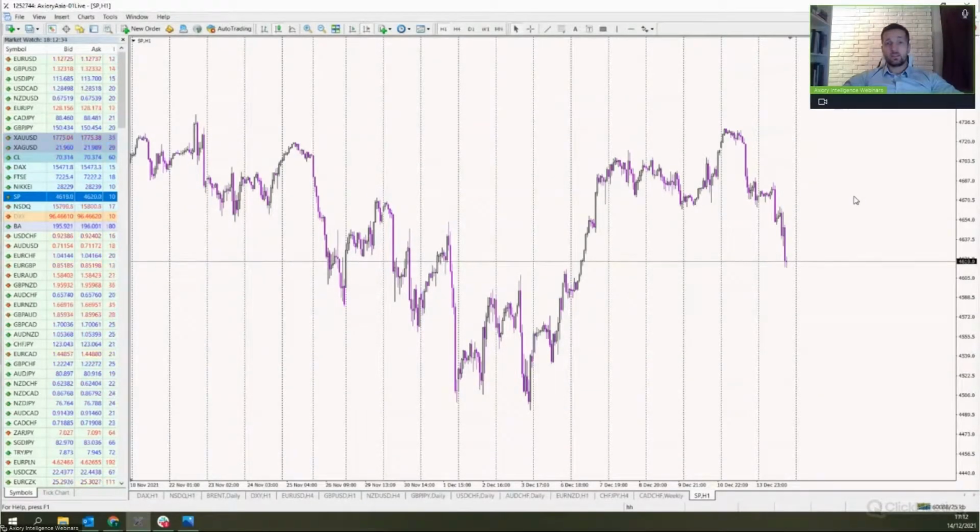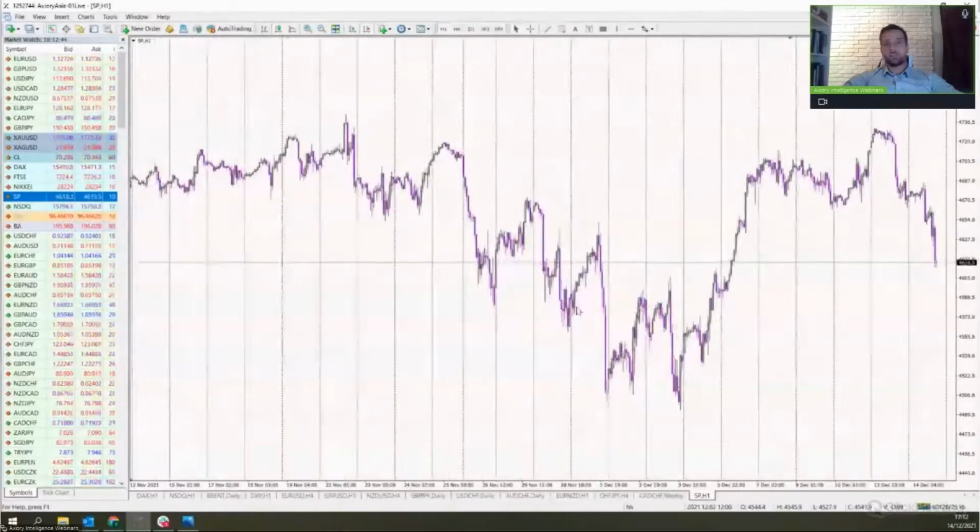What happens in the sideways trends when there is no clear uptrend, no clear downtrend? Well, you use oscillators. Oscillators you can also use in trends to find the end of the trend, to find the divergence. And I bet that there is a divergence here, so that's why I'm going to save this chart to show you this divergence.